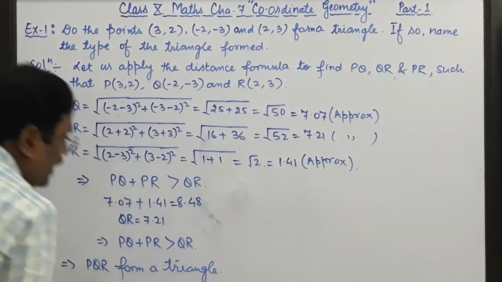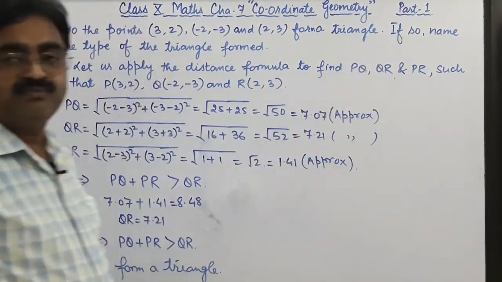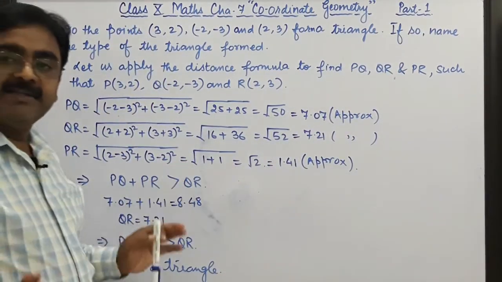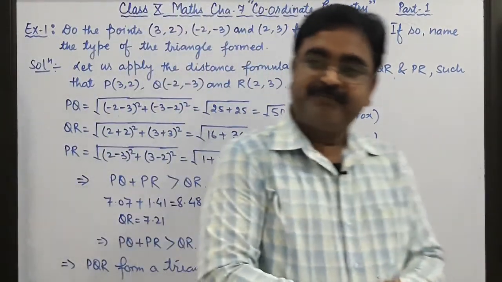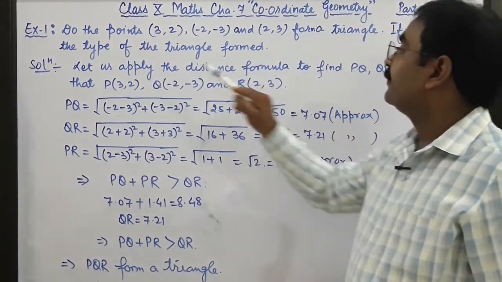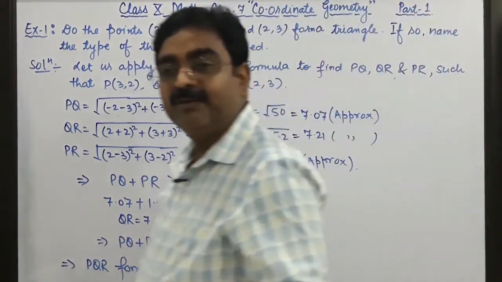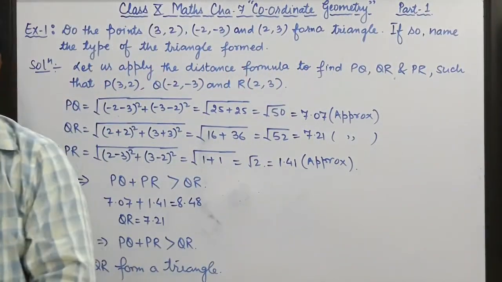Now the question is asking, if so, it is clear that they form a triangle. So if so, name the type of triangle formed. Now we are going to decide which type of triangle it is.